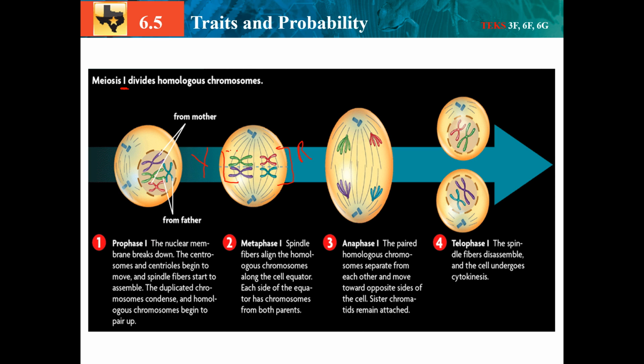So if this green chromosome goes into one cell, it has no bearing on whether this red or this blue chromosome goes somewhere. Same thing with the purple one. They go their separate ways regardless of how the other chromosome goes its own way.